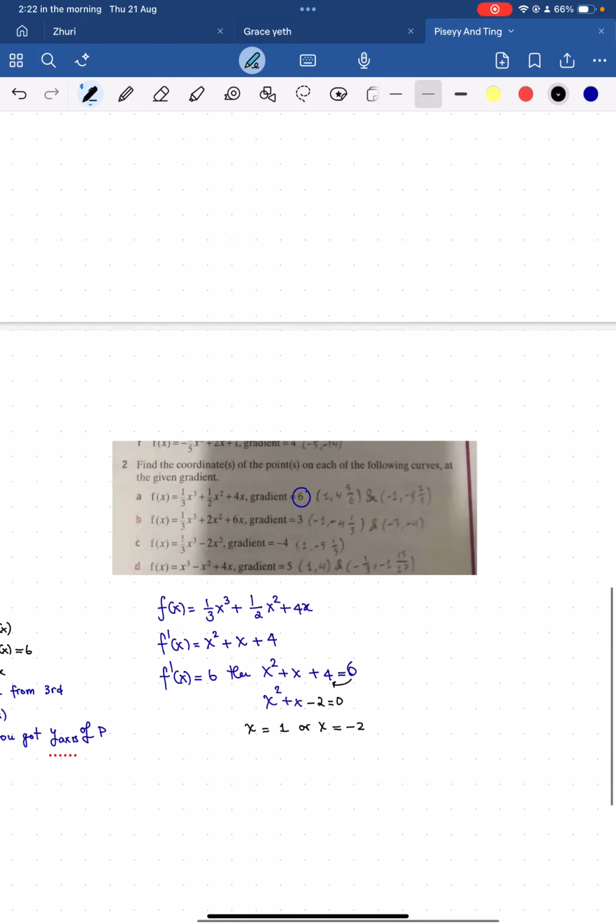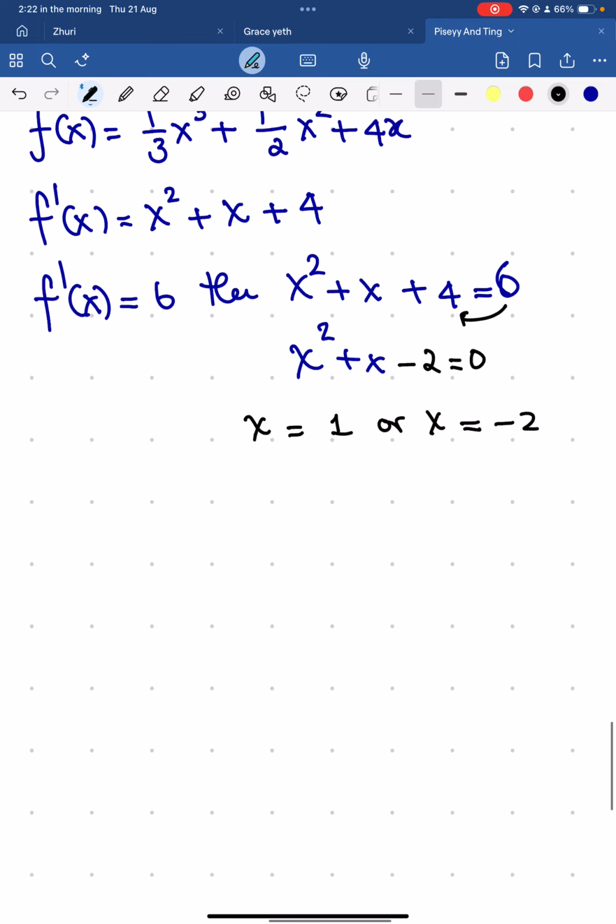Okay, that's it. Then we have to find the y coordinates. So f of 1 equals 1/3 plus 1/2 plus 4, which is 2 plus 3, 5, 29 over 6. So the first point is (1, 29 over 6).